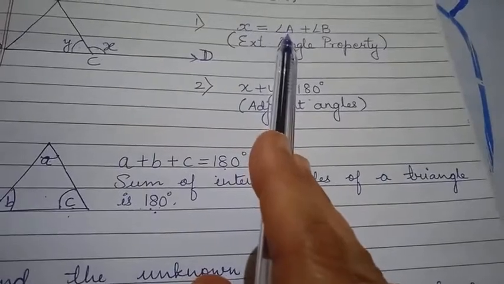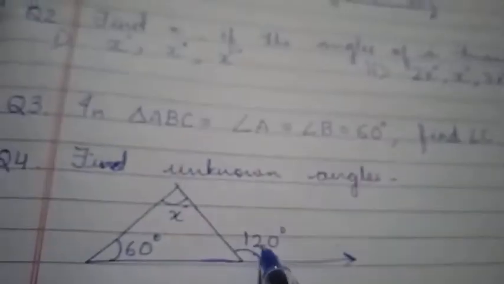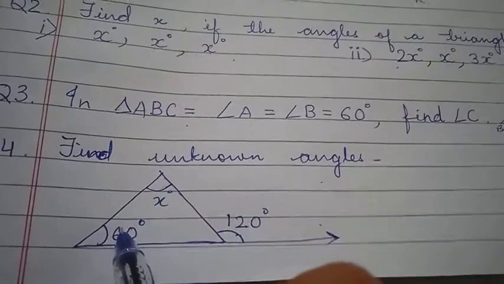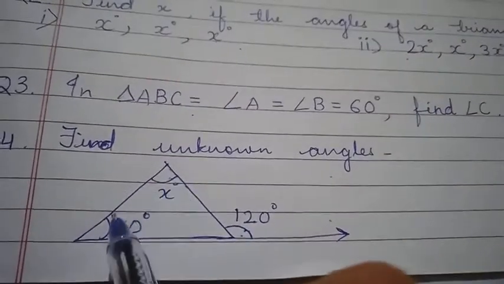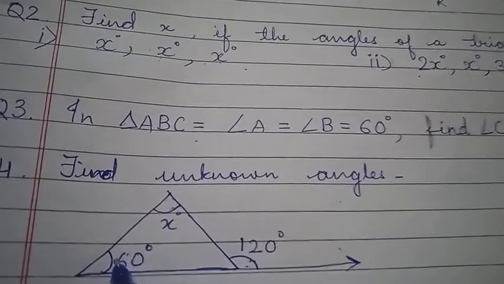X is equal to angle A plus angle B. So here 120 degree is equal to X degree plus 60 degree. Reason is exterior angle property. We have studied this, right?